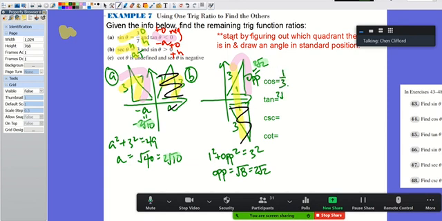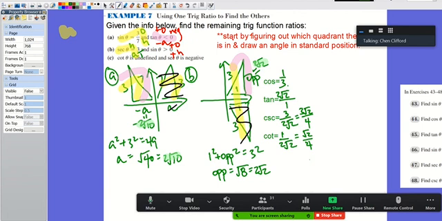Tangent would be 2 root 2 over 1. Cosecant's related to sine, so it would be 3 over 2 root 2. Cotangent's related to tangent, so it's going to be 1 over 2 root 2. And let me just quickly simplify this. You will get 3 root 2 over 4, and you'll get root 2 over 4 when you simplify.